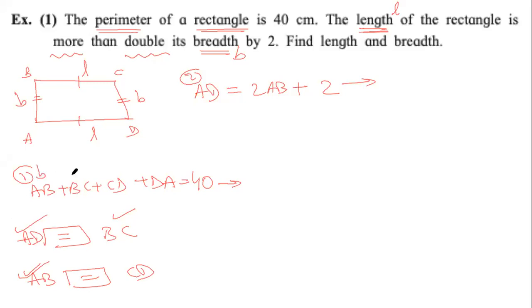B, L, B, L. Now you can use simple algebra to say B plus L plus B plus L equals to 40. This much all of you can do. Need confirmations? Still waiting for more confirmations?